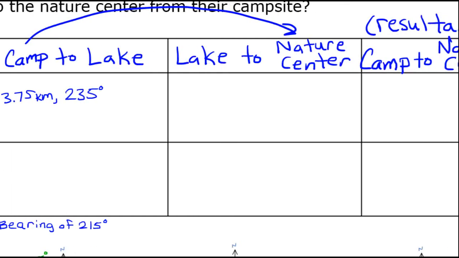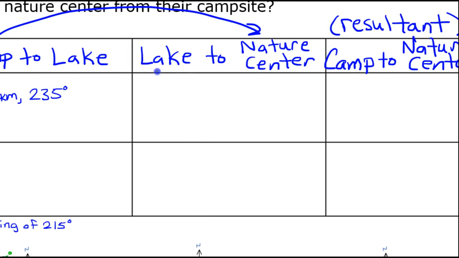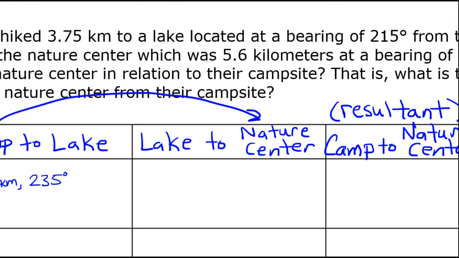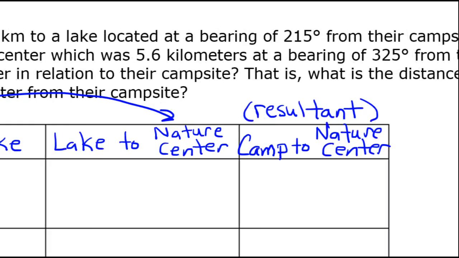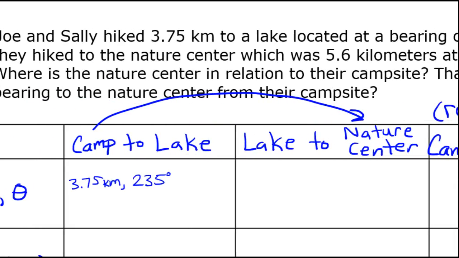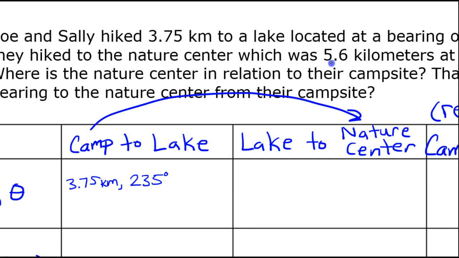Now, another vector will be the trip from the lake to the nature center. I need the magnitude and the direction. So let's see, from the lake to the nature center. Okay, they hiked to the nature center. This was 5.6 kilometers.